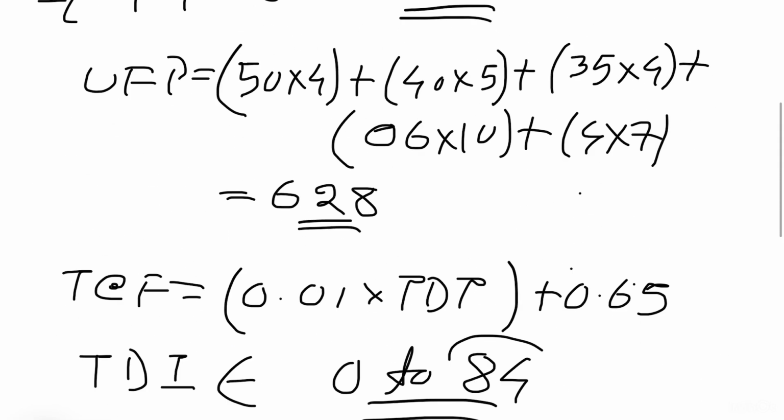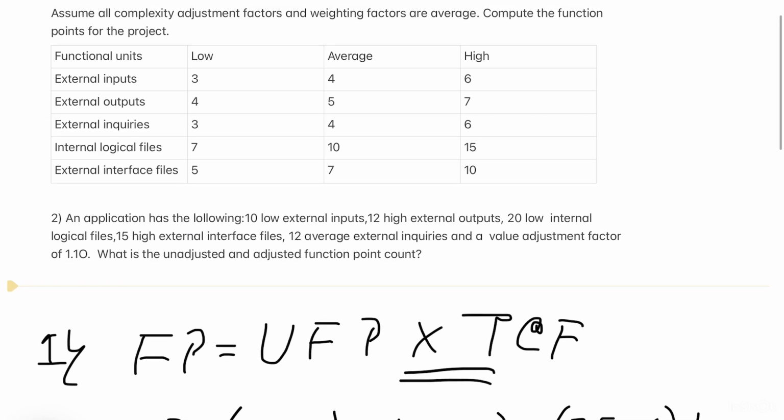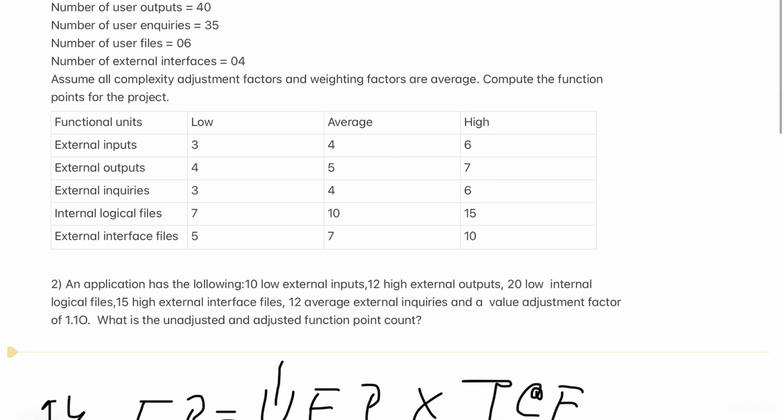So the first one is done. Now let's see the second one. Here it says an application has the following: 10 low external inputs, which means we have to multiply 10 with 3; 12 high external outputs, which means 12 into 7; 20 low internal logical files, which means 20 into 7; and it also says 15 high and 12 low, and a value adjustment factor of 1.10, meaning this TCF is 1.10, which is given.